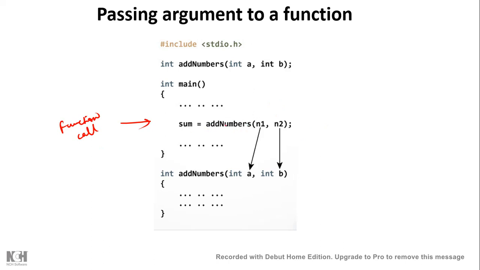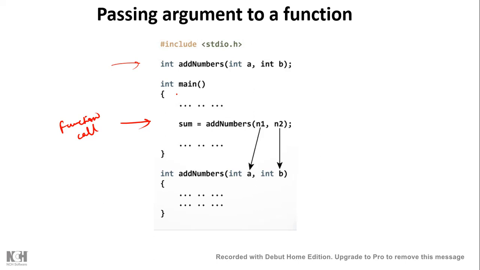The name of the function is already declared here; the function prototype is defined in the above line. Here we have the function name with the arguments. So this is called a function call, which is written inside the main function, right? And the two arguments n1 and n2 are passed during the function call itself.